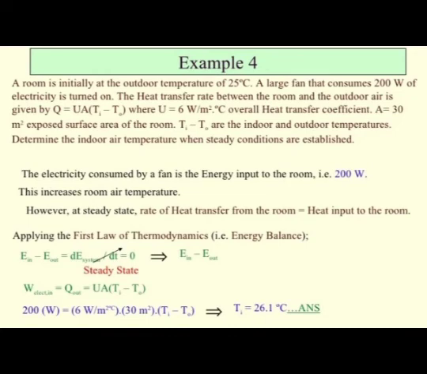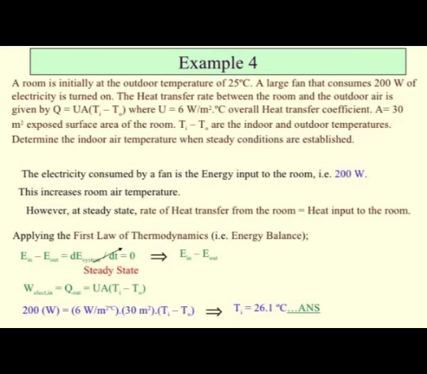The heat transfer rate between the room and the outdoor air is given by Q is equal to UA times the quantity of T sub i or T in minus T sub out, where U is equal to 6 W per meter squared degree Celsius, the overall heat transfer coefficient, and A is equal to 30 meters squared, the exposed surface area of the room. T sub i and T sub o, or T in and T out, are the indoor and the outdoor temperature. Determine the indoor air temperature when steady conditions are established.